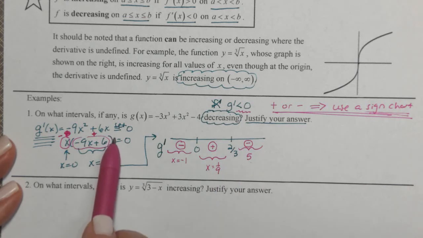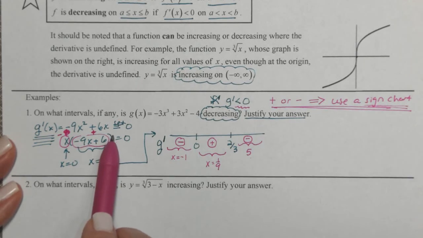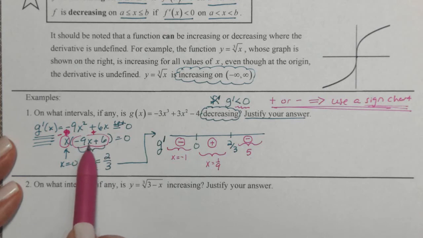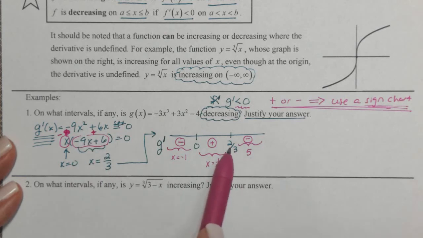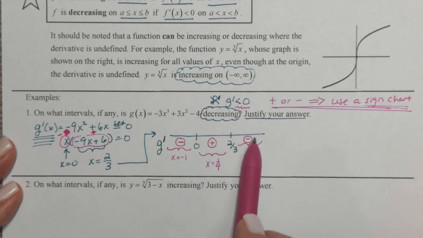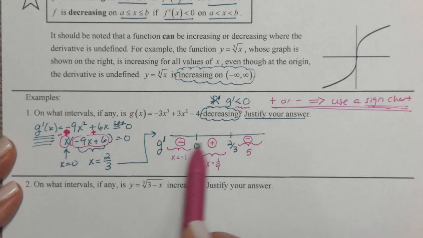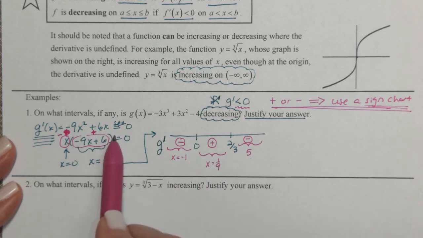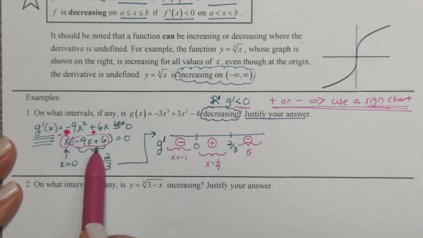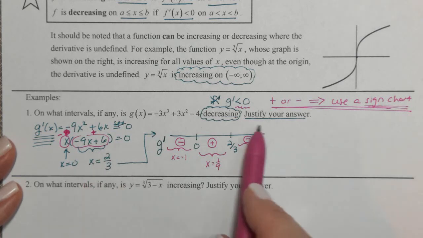This factor had a 1. It was only a single factor. But if that was a squared, then surrounding the 2/3, we would have the same sign. So all we have to do is test one sign and then either alternate or don't alternate depending on if we have even powered factors or odd powered factors.